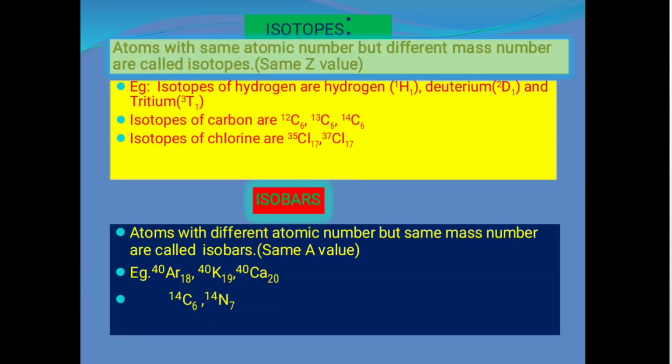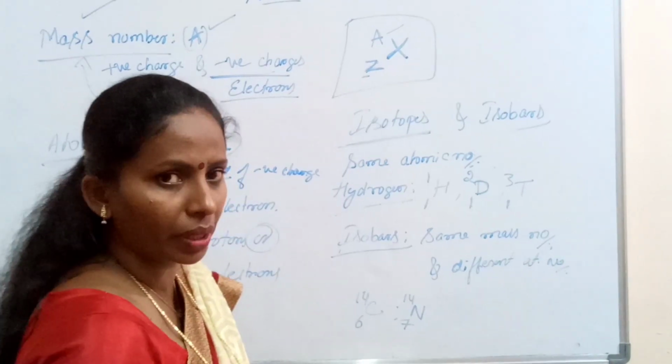Example, carbon 14 and nitrogen 14. The atomic number of carbon is 6, the atomic number of nitrogen is 7, so they have the same mass but different atomic numbers.